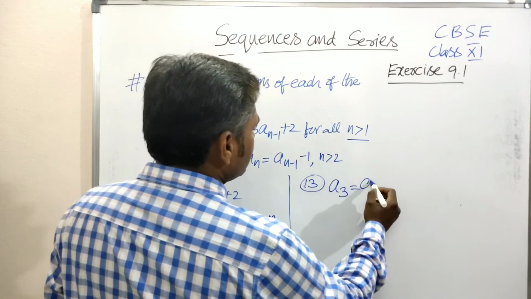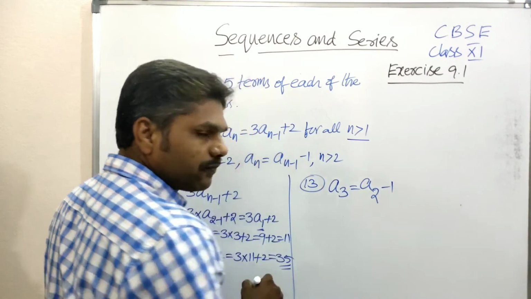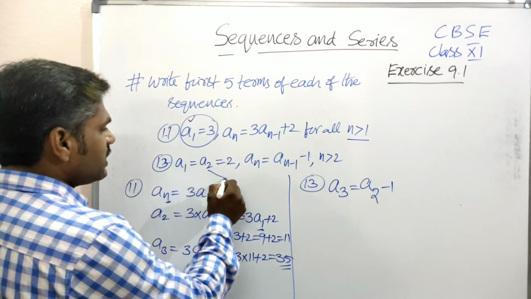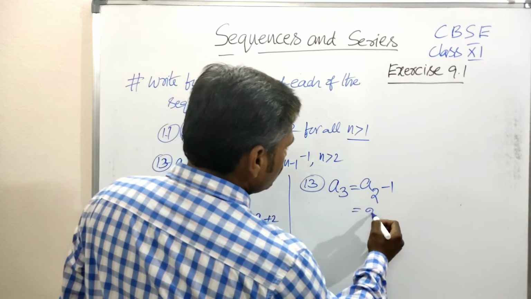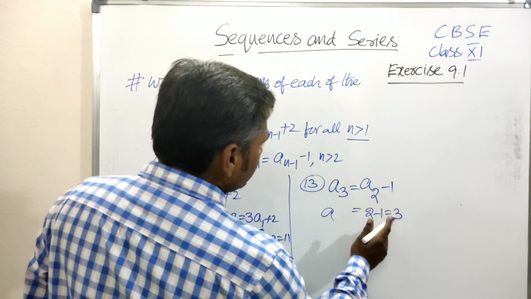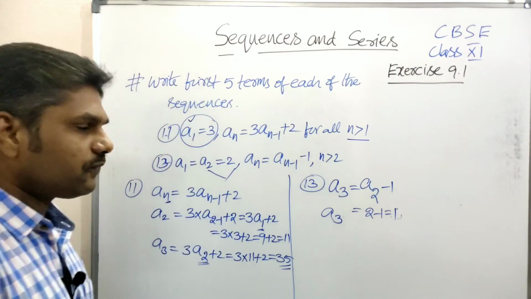a3 means a(3 minus 1) minus 1, that is a2 minus 1. They have already given the second term, that is a2, which is equals to 2, so 2 minus 1 is equals to 1, therefore a3 is equals to 1.